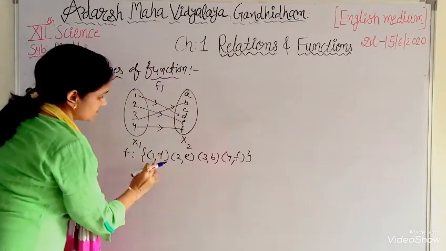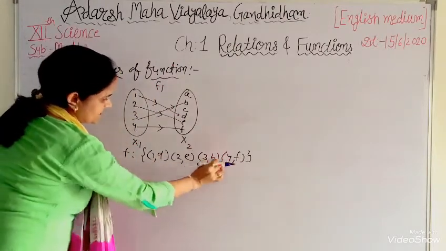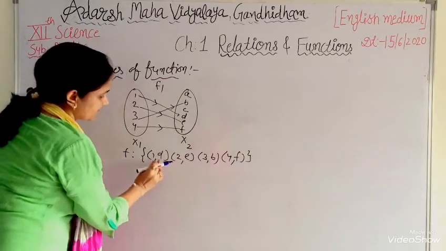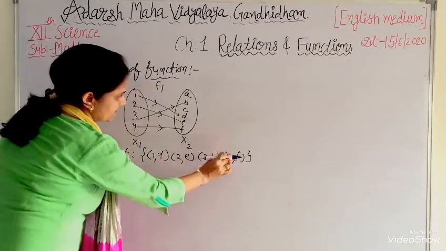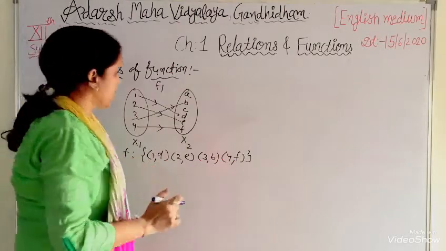Okay student, since images of distinct elements 1, 2, 3, 4, that is D, E, B and F, are different.